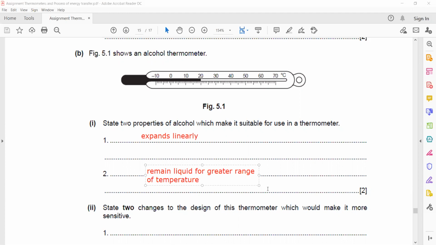You can also mention it expands more, or high expansivity, low specific heat capacity, and low freezing point.